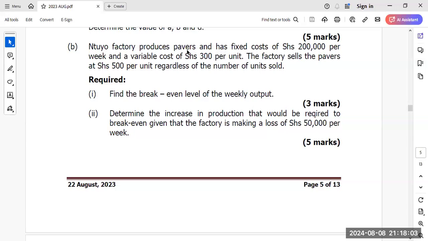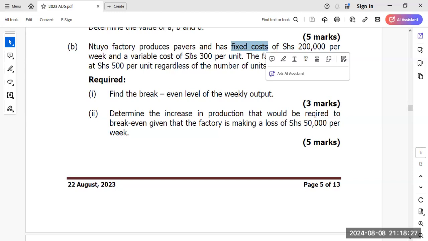So they are telling us that this factory produces pavers and has fixed costs of this amount of money per week and a variable cost of shillings 300 per unit. Colleagues, per week is different from per unit. You have variable costs, you have fixed costs.